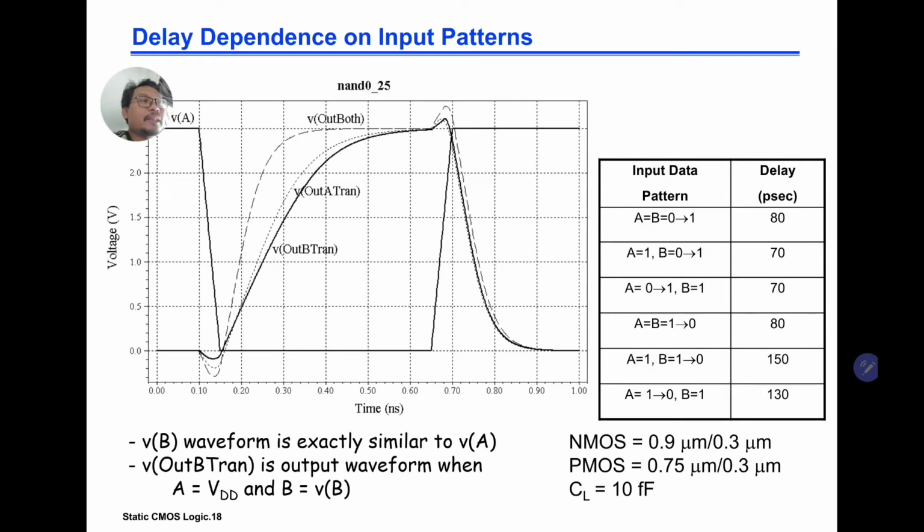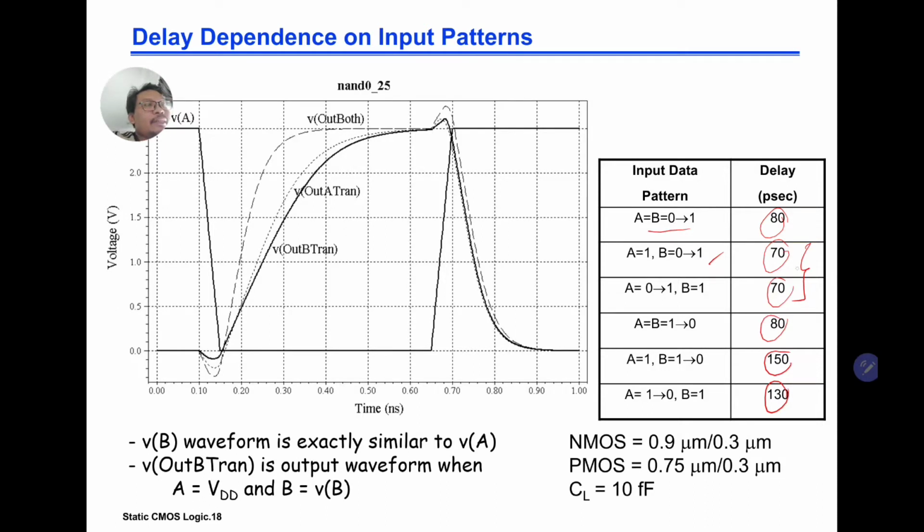Okay, so here is some experiment that they did. So you can see that if you supply the input data pattern A and B both transition from 0 to 1, we get the 80 picosecond delay. Okay, this kind of inputs 70, 70, 80, 150, 130. So the fastest is A1, B0 to 1, so discharging.